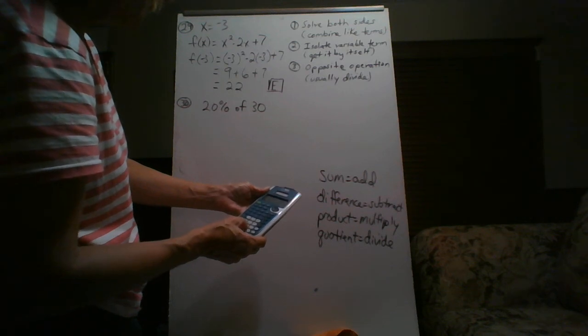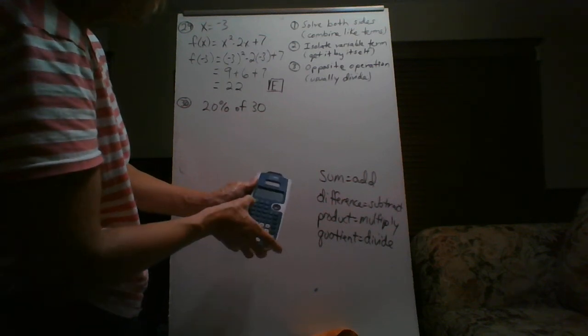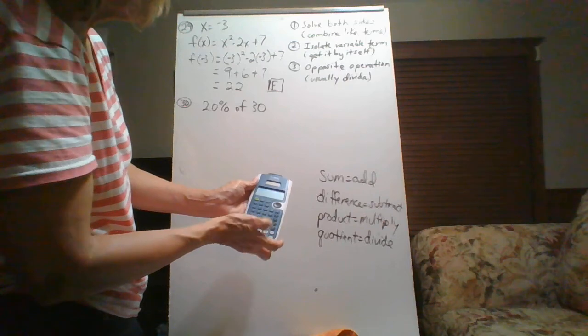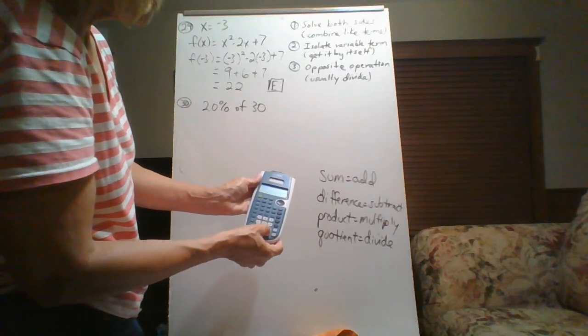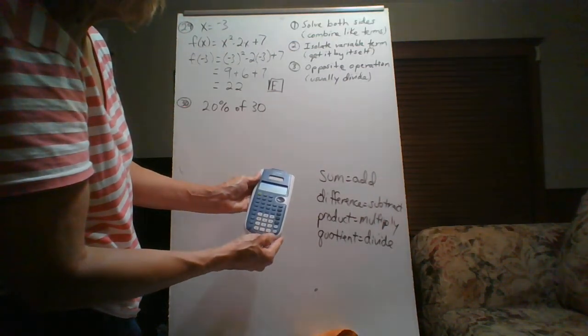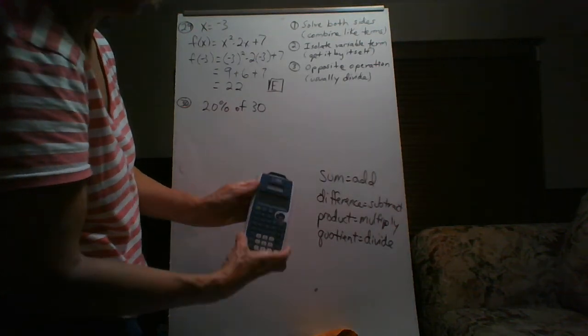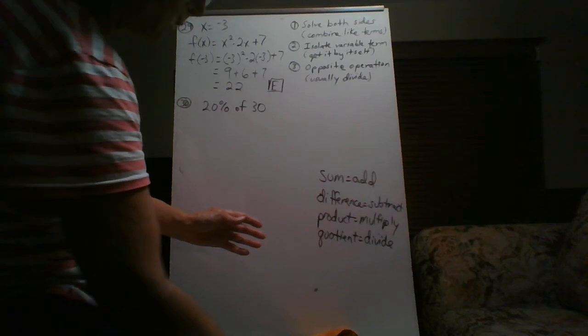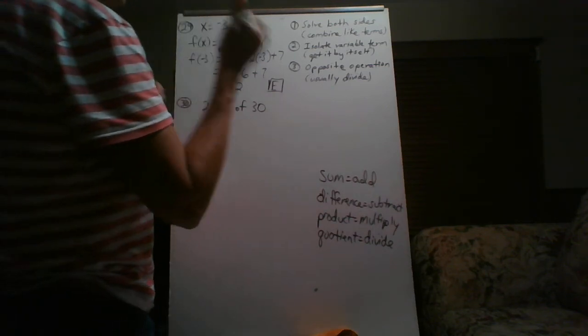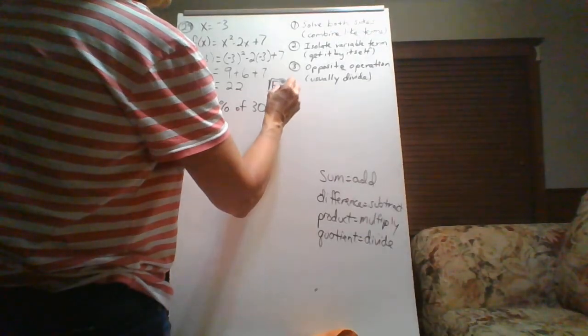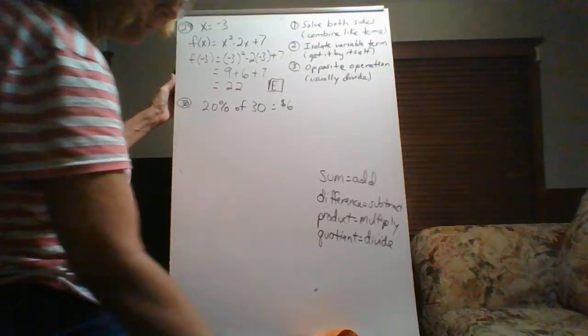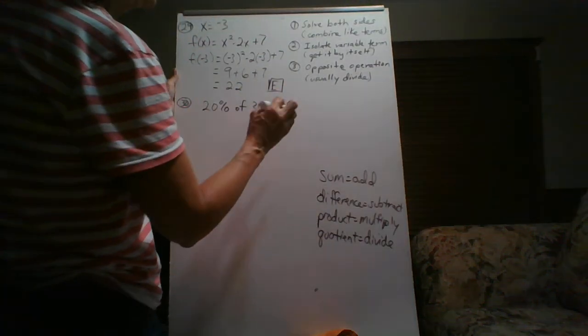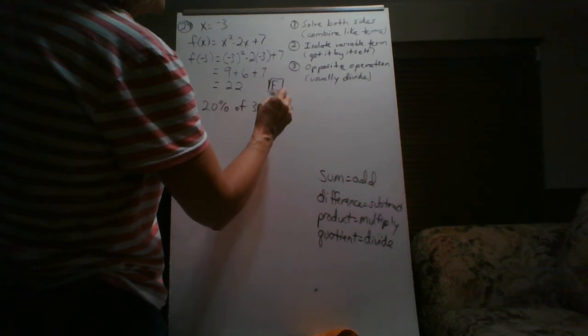If I do 20 and then I hit the green button and the percent, 20%, and then all I do is just key in the 30. 20% of 30, it told me it's 6. Okay, make sure you know how to do that. So 20% of 30 is 6.